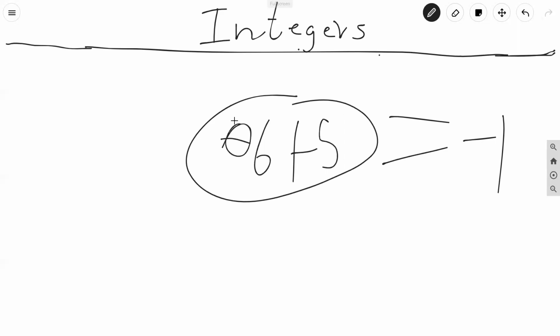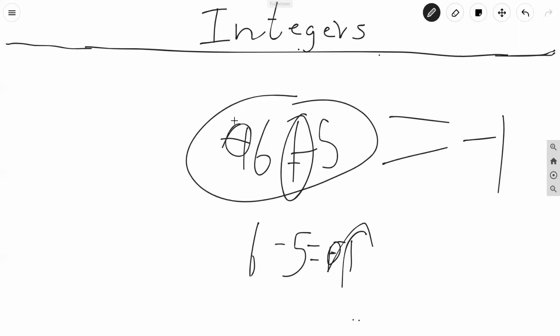So 6 minus 5 equals 1, and then you just add the minus again. Since the 6 is larger than the 5 and it has the minus, we know we have to put in a negative. But if this was plus and this was minus, then it's just a plus, which means 1.